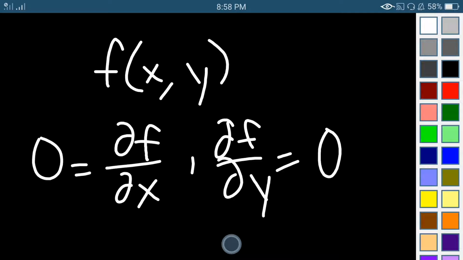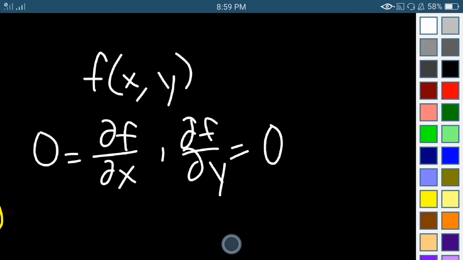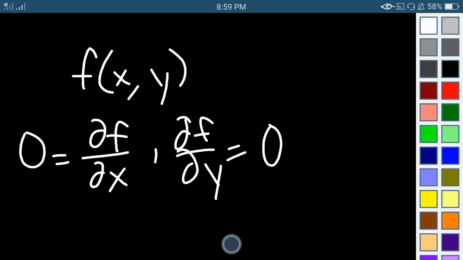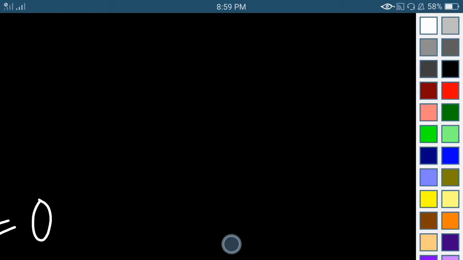Now we can't determine whether it's actually a minimum or a maximum just yet, but we have tests for that, namely the second derivative test. But let's do a simple problem first.